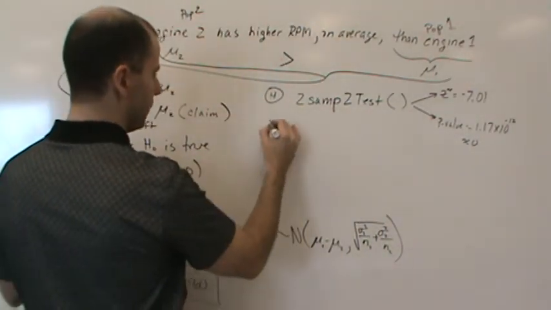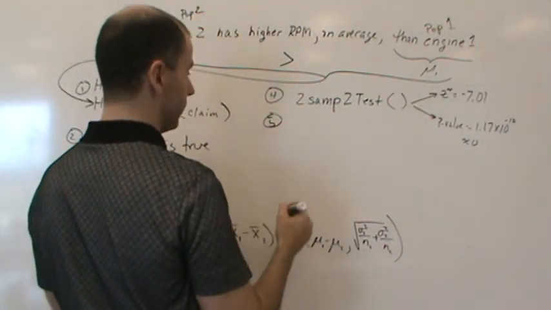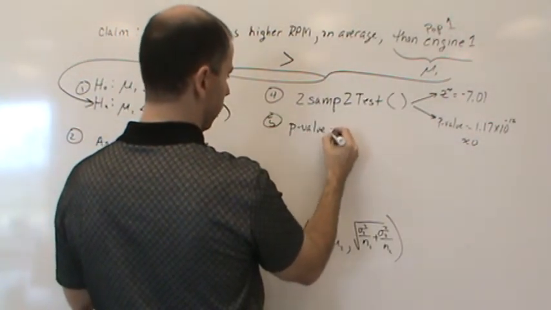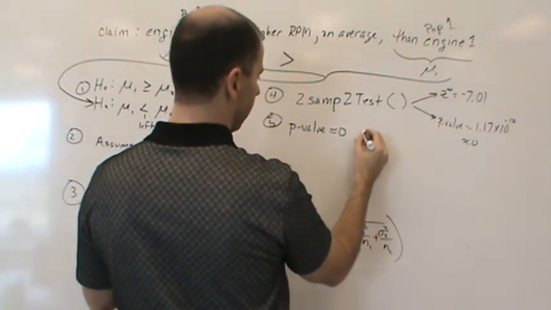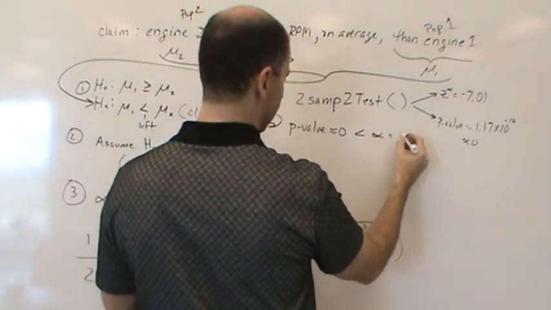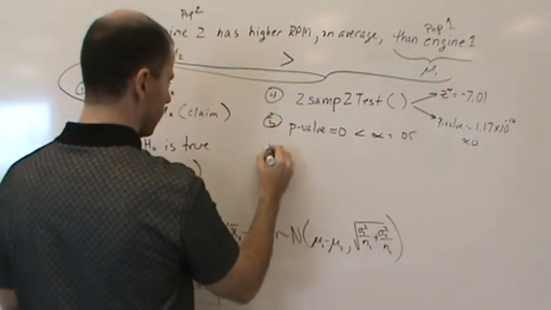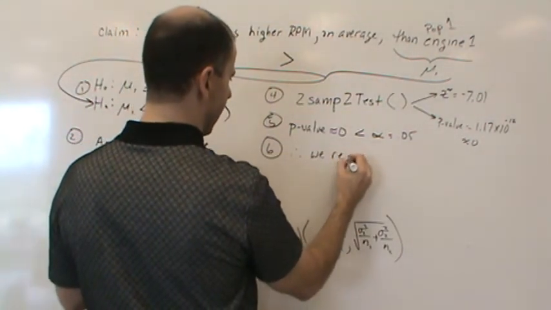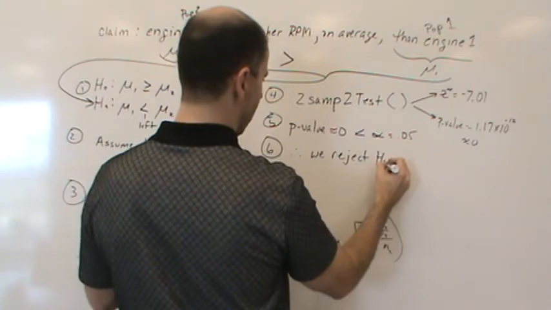So if we do the p-value method, we're definitely going to reject the null because the p-value is practically 0, and of course that's always going to be less than alpha equal to 0.05. And so step 6 is, therefore, we reject the null hypothesis.